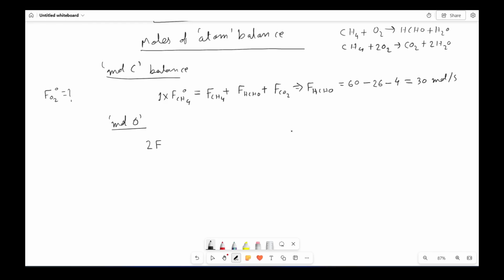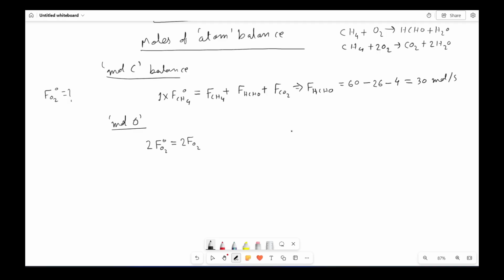So the initial amount is 2 into FO2 naught, and in the outlet oxygen also comes out as 2FO2, because a single molecule has two oxygen atoms.